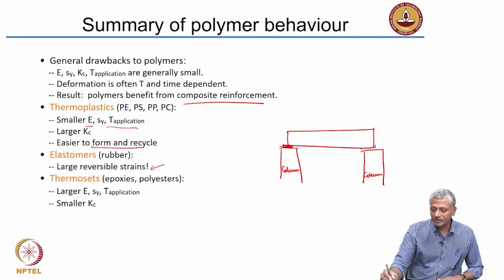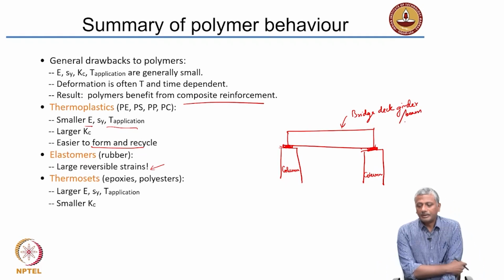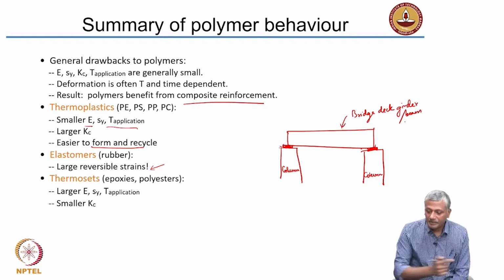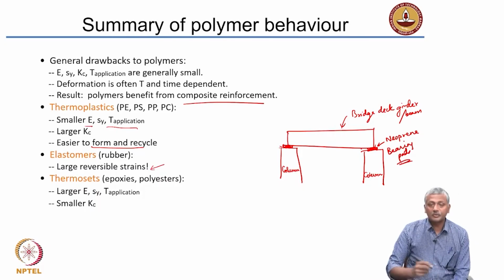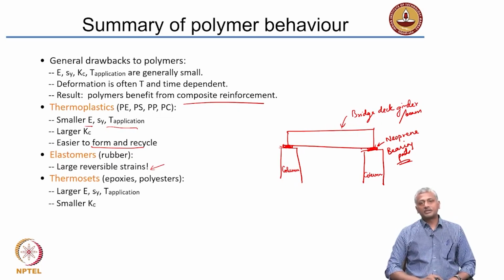A rubber bearing pad is used between the bridge deck or bridge deck girder or beam. Yeah, that rests typically on this bearing pad made out of neoprene. These are neoprene bearing pads. That's one of the application areas for polymers like rubber, for instance.